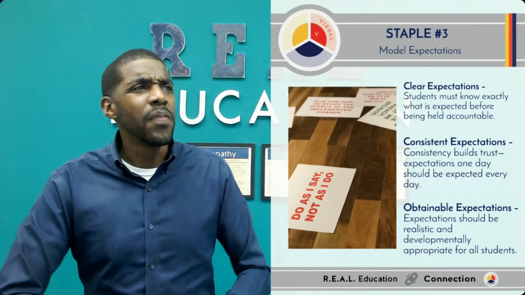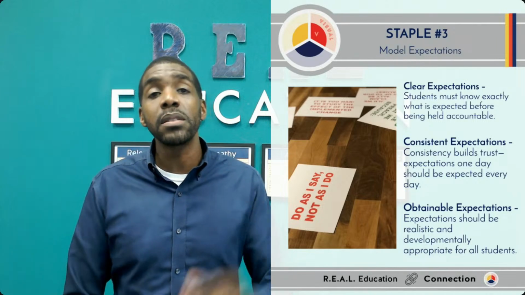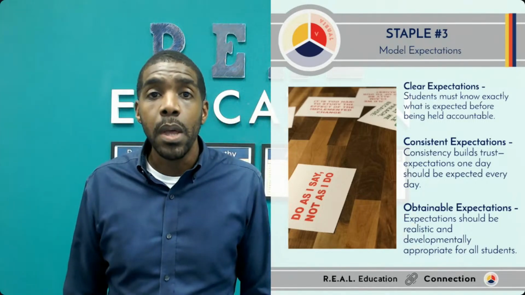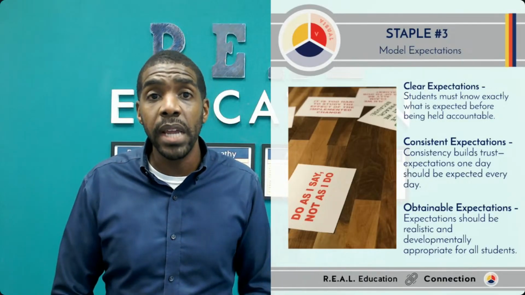Now, I had a little thing. I was like, shouldn't I have put attainable? And I said, no, because obtainable is more accessible. Because you may not ever have a child reach mastery for that particular expectation, right?